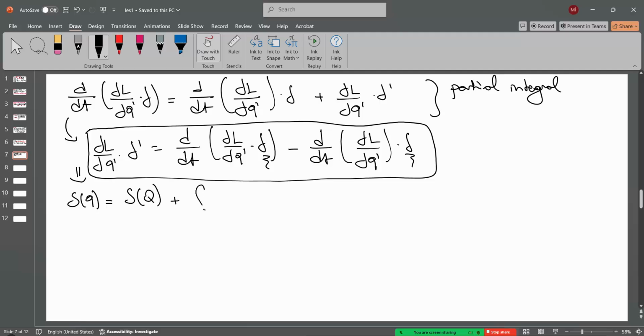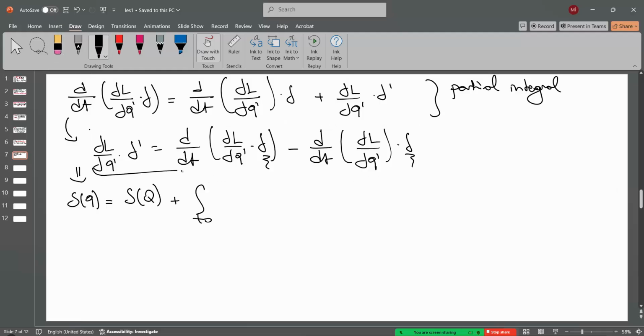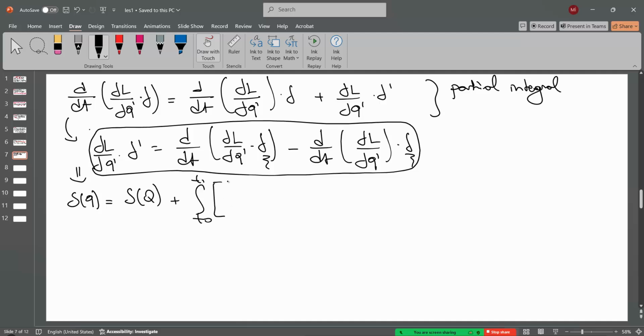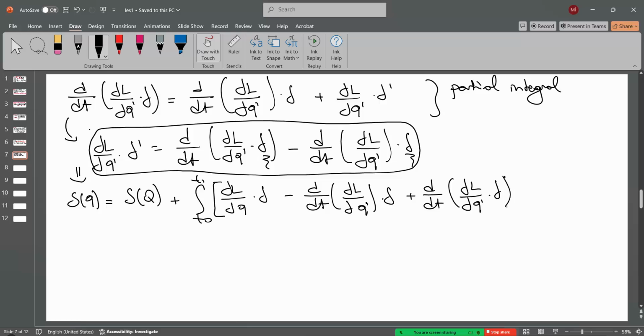And so plus the integral from t0 to t1 of dL/dq times delta minus d over dt of dL/dq dot times delta, which is coming from these equations, and plus d over dt of dL divided by dq dot times delta plus blah blah blah and dt can be written just like this one. Okay?